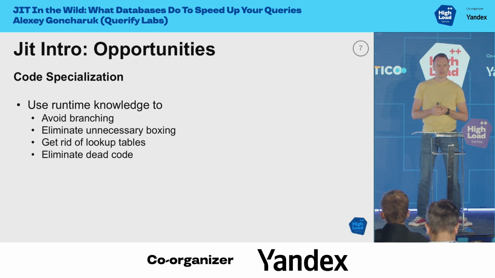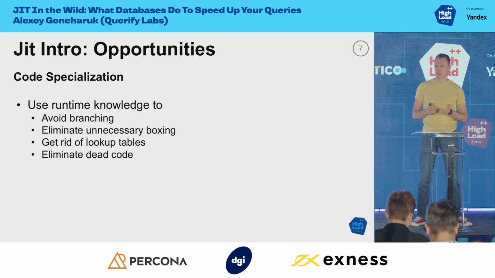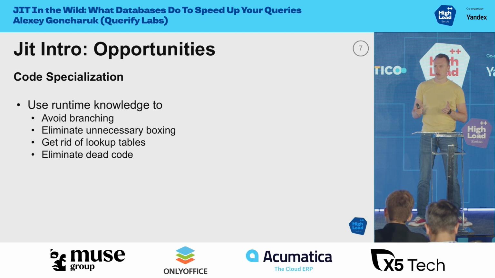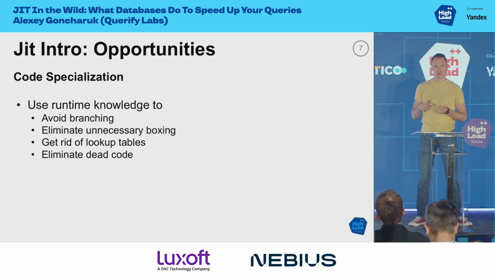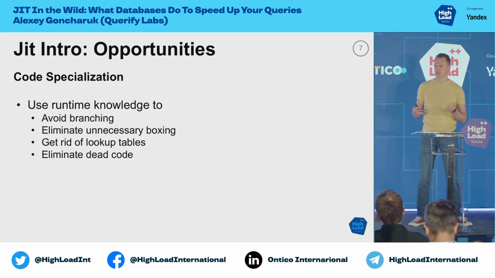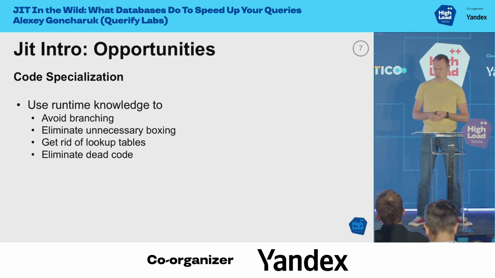And in general, when you talk about code optimization, you strive for basically two things. You want to execute a fewer amount of instructions, and you want to execute them faster. So you want to execute more instructions per cycle. And basically when you're JITing your code, we strive for these two goals.